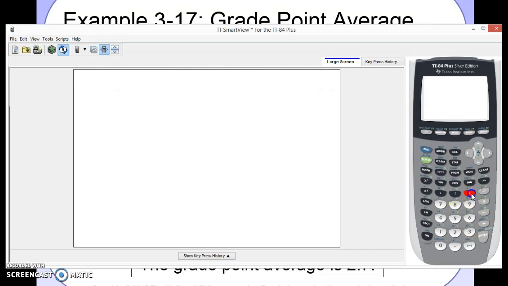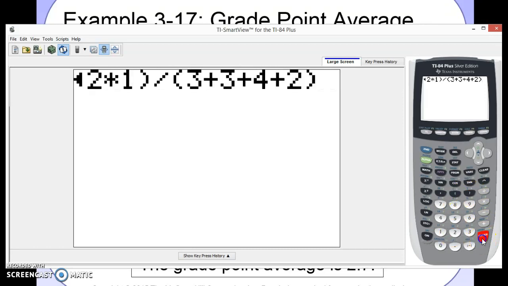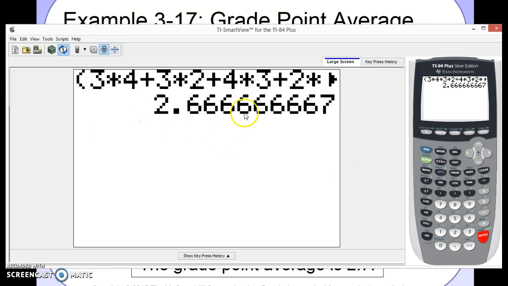And using the ending parentheses, then hit enter. As you can see, it gives you your grade point average. Typically, we'd round it to the nearest tenth. So our grade point average is 2.7.